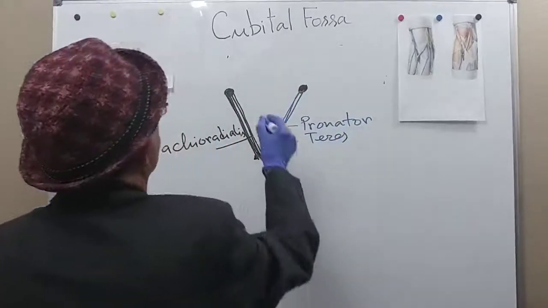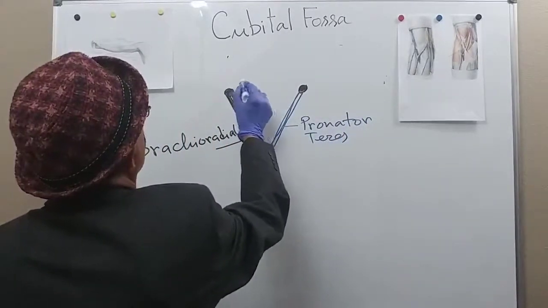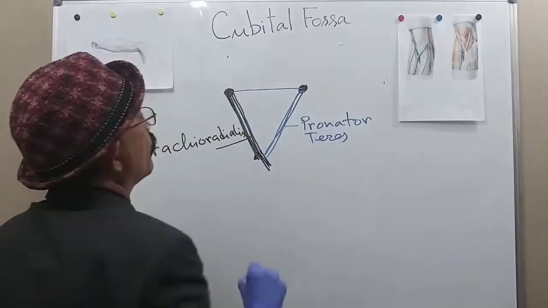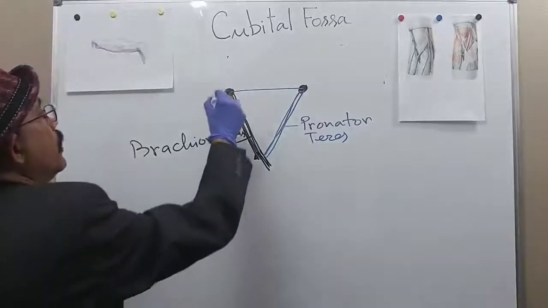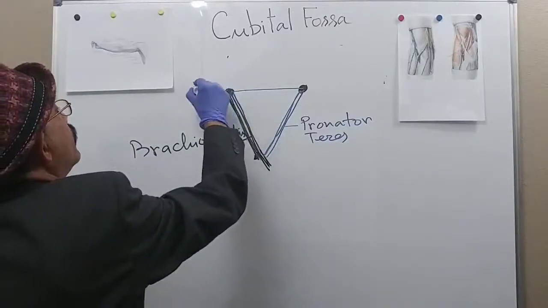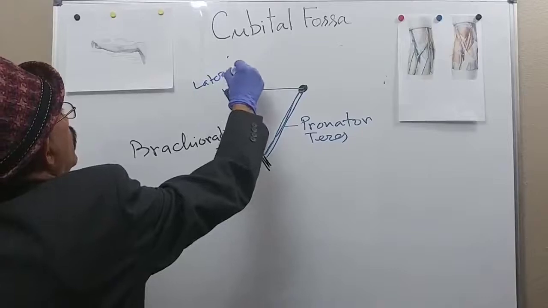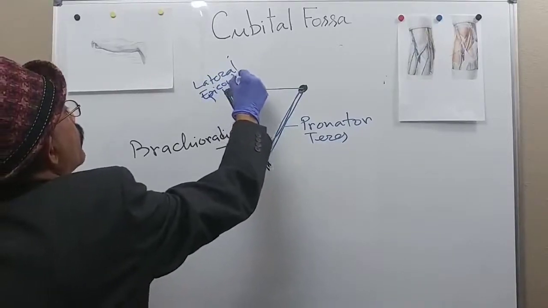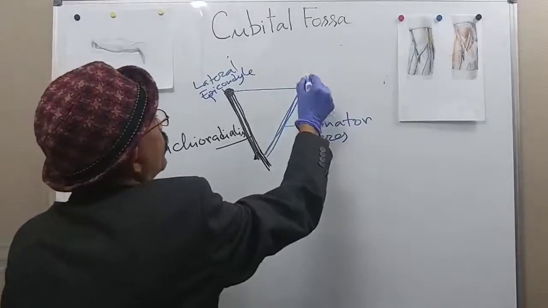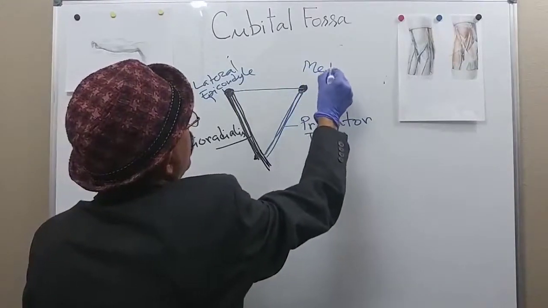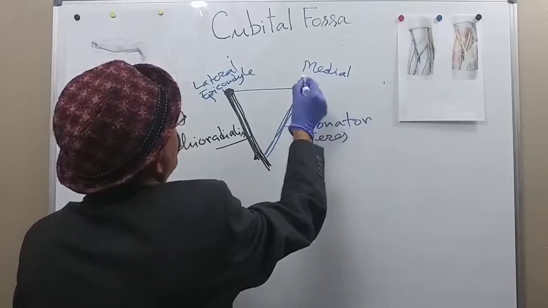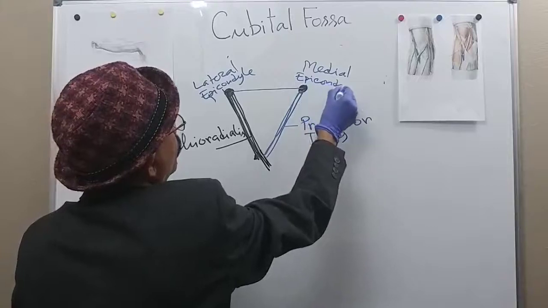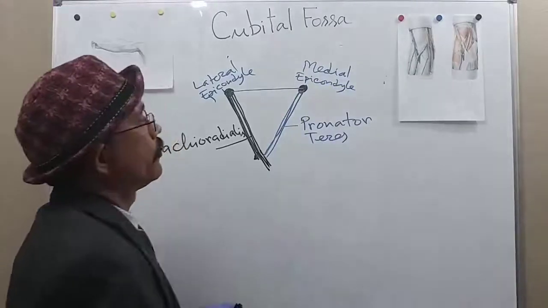Okay, and the base is formed by an imaginary line joining the lateral epicondyle to the medial epicondyle. So this is the lateral epicondyle of the humerus. This is the medial epicondyle of the humerus.